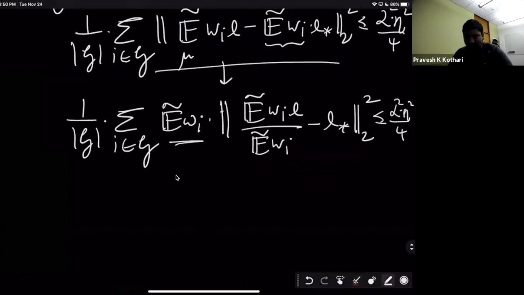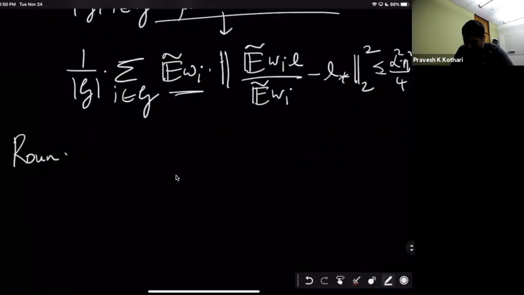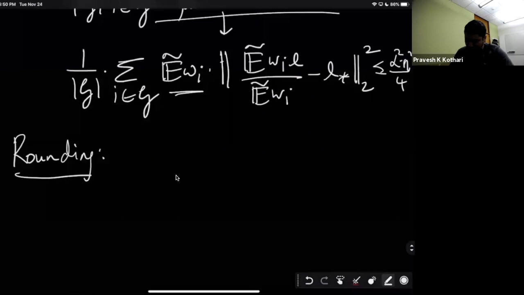At this point, maybe I'll just describe the rounding, because it's not going to make much sense otherwise. Basically, this statement allows us to do the following.